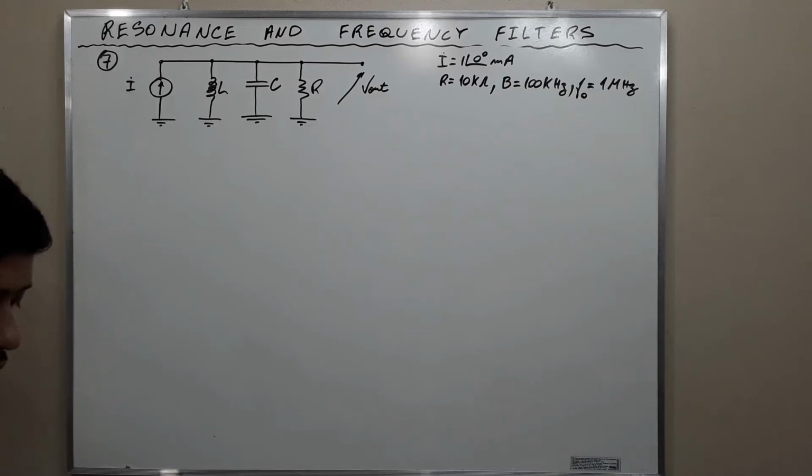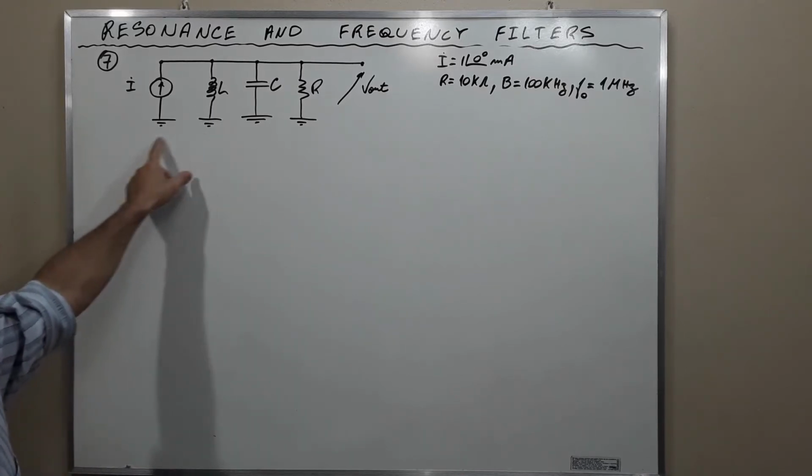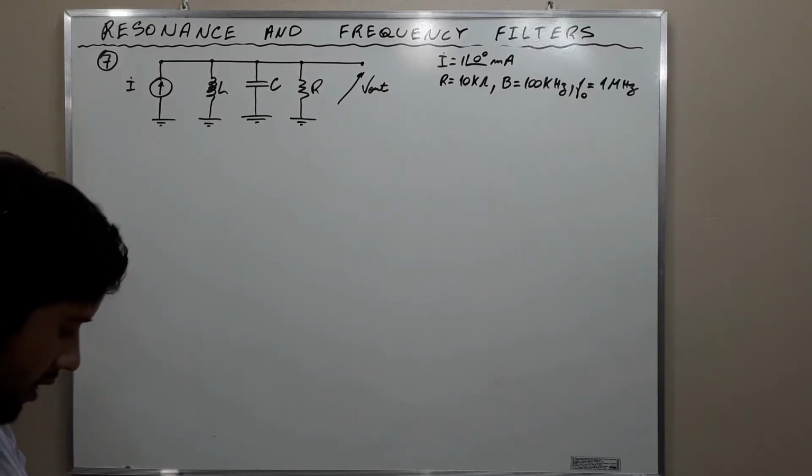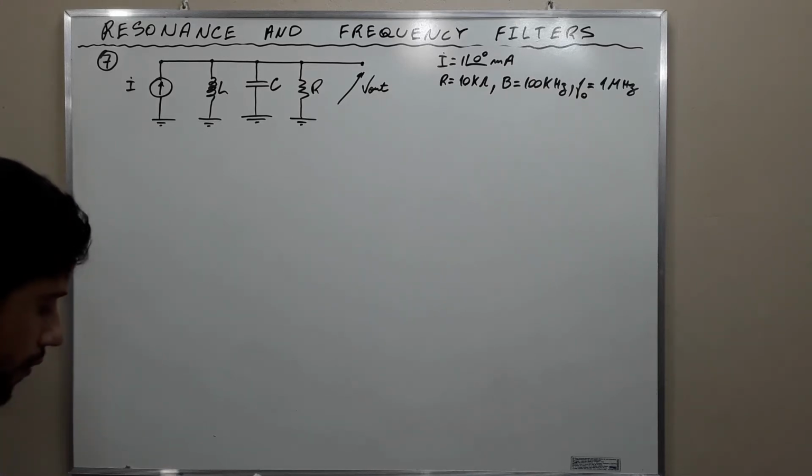We are going to work on a parallel resonant circuit of this sort. Okay, this is the parallel resonant circuit. To compute the values of C and L, we will use the quadratic factor and the bandwidth.